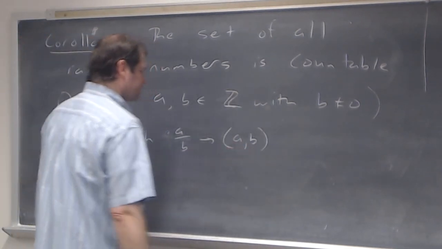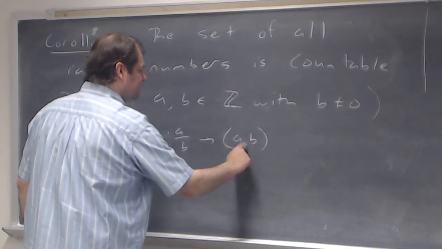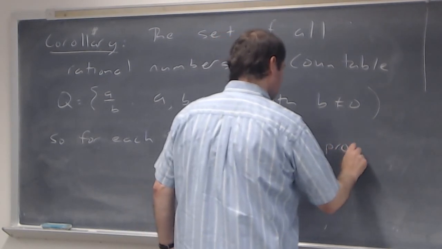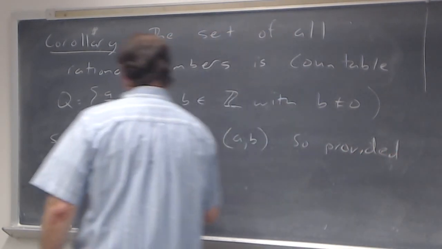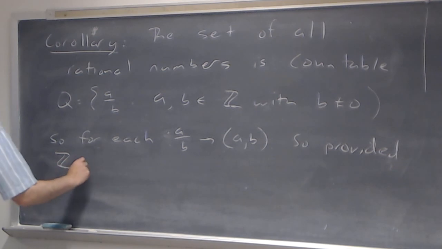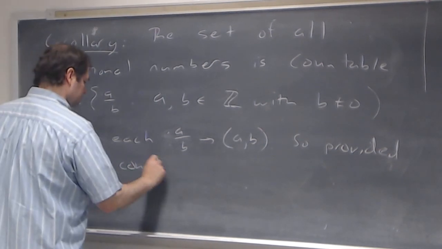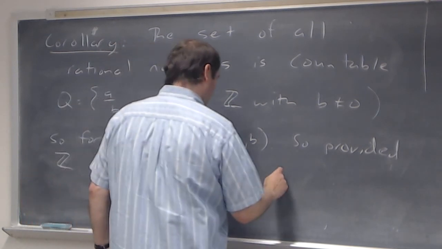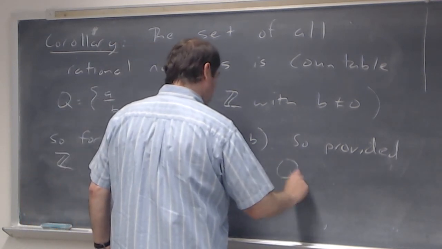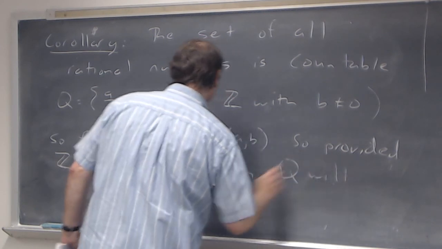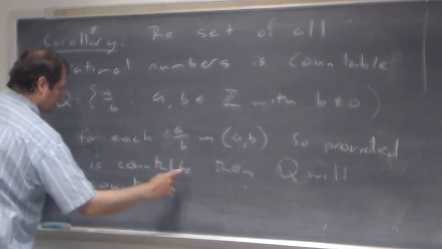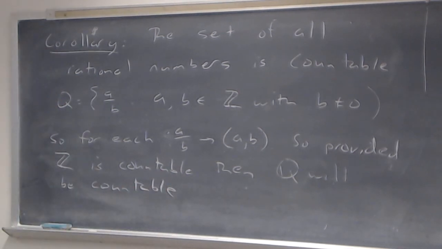This is just a two-tuple, and so provided that the integers are countable, then Q will be countable by the previous one.